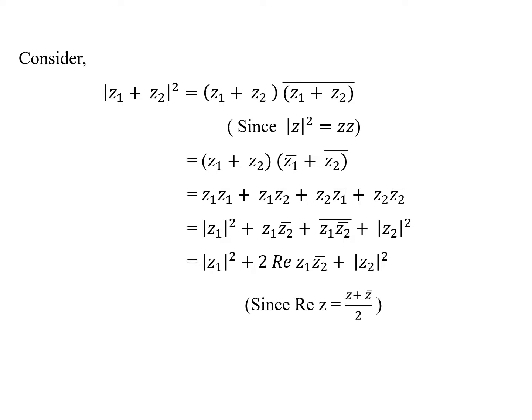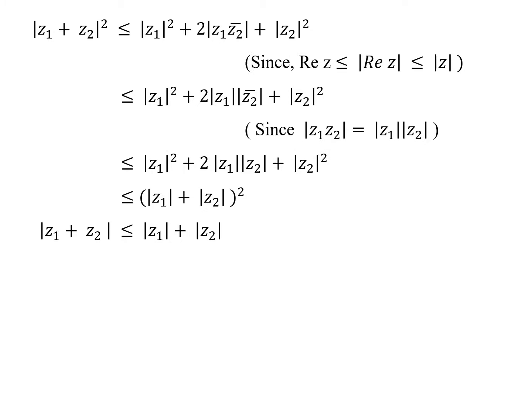Therefore the second term is 2 times the real part of z1 into z2 conjugate. We know the real part of z is less than or equal to the modulus of the real part of z, which is less than or equal to mod z. So the second term is replaced by 2 times mod of z1 into z2 conjugate.